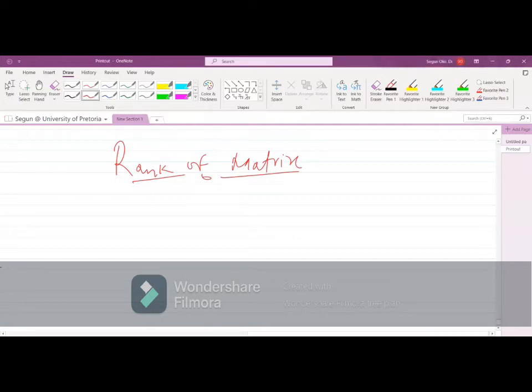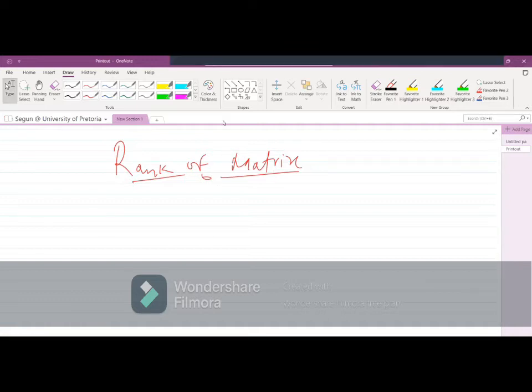We have the normal form, to know the rank of a particular matrix. Then we have what we call the row echelon form. Maybe I'm going to use the row echelon form for today. Then the next class we will continue from there.